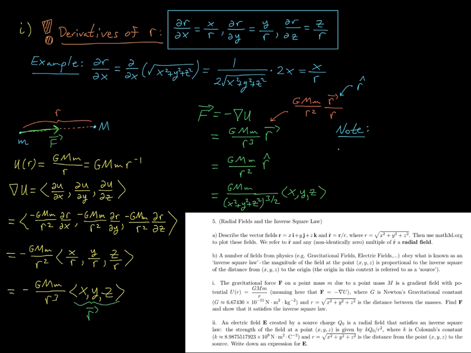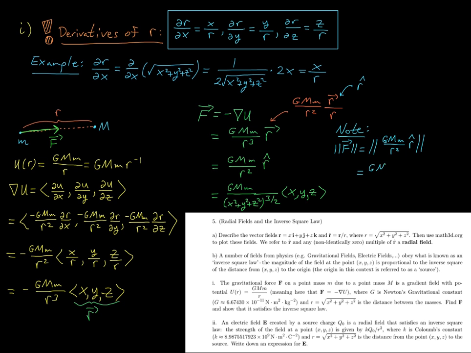If I take the magnitude of our vector F, if I use this expression here, the nice thing is that r hat is a unit vector. And so it's really this stuff out front that's telling me what the magnitude of the vector is. I'm going to just take this scalar times the magnitude of r hat, which is 1.